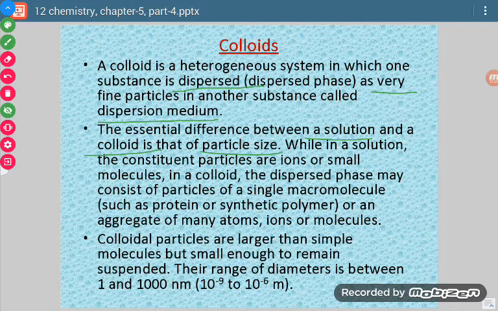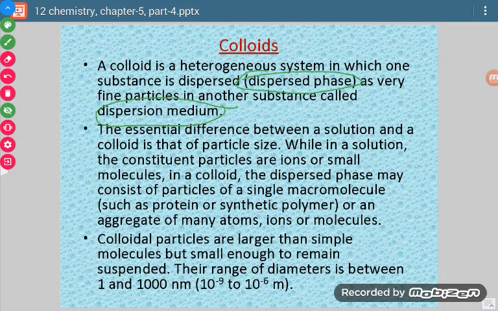Colloid is a heterogeneous system in which one substance is dispersed as very fine particles in another substance. That substance which is dispersed is called the dispersed phase, and the substance in which it is dispersed is called the dispersion medium.